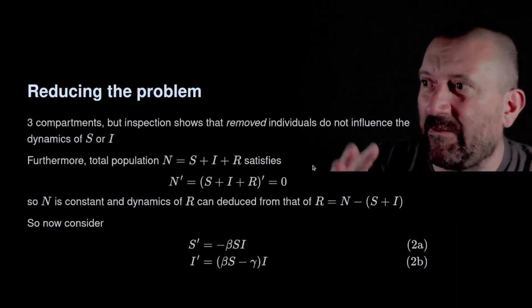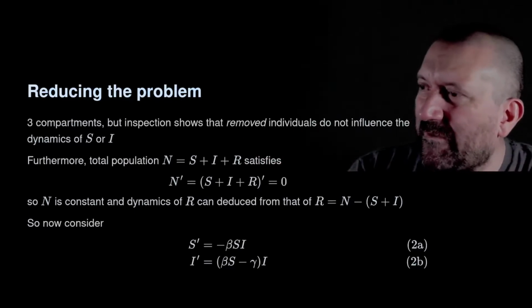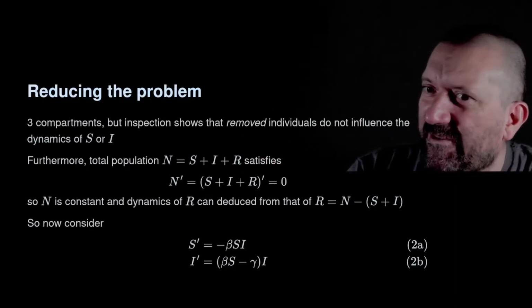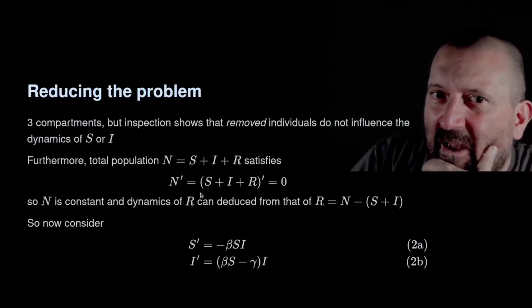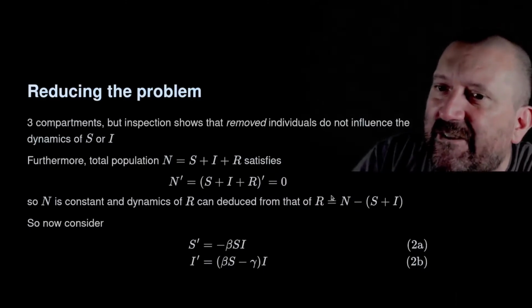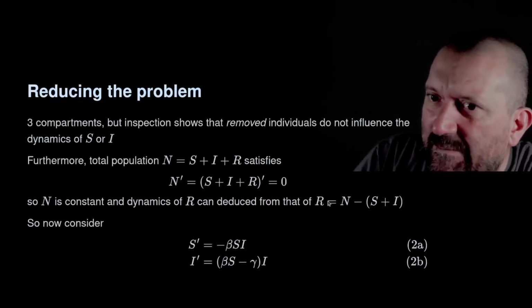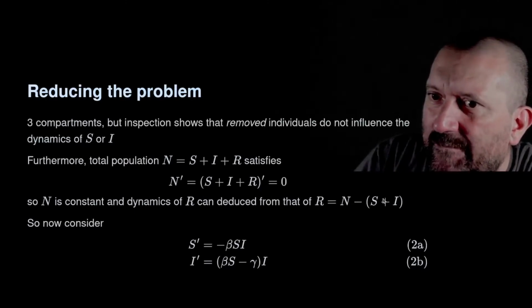If the derivative of some quantity is equal to 0, that quantity is constant. So N is constant, and that, with the previous argument, means that I can essentially recuperate the dynamics of R from the knowledge of the dynamics of S and I.